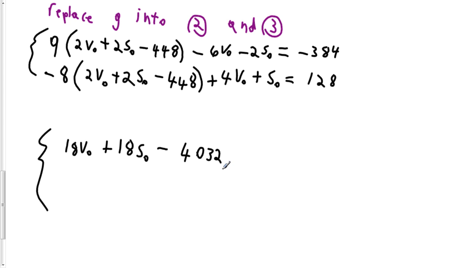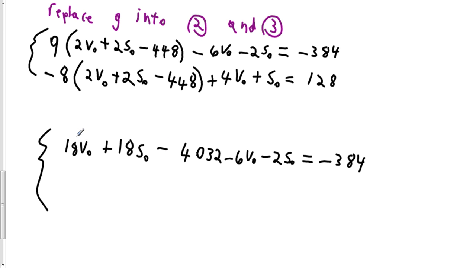And this is then going to be minus 6v naught still, and then minus 2s naught, and this is still equal to negative 384. So all I've done is distribute the 9 to all three terms. The top equation is still pretty much the same.